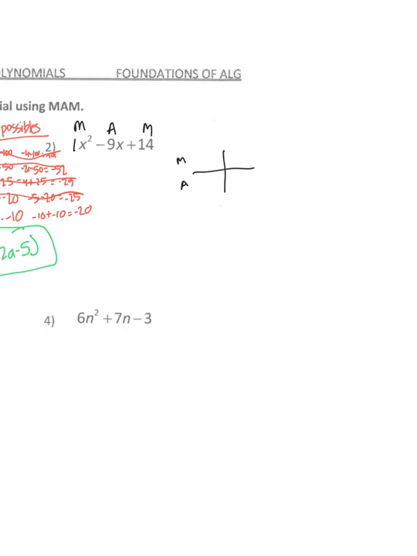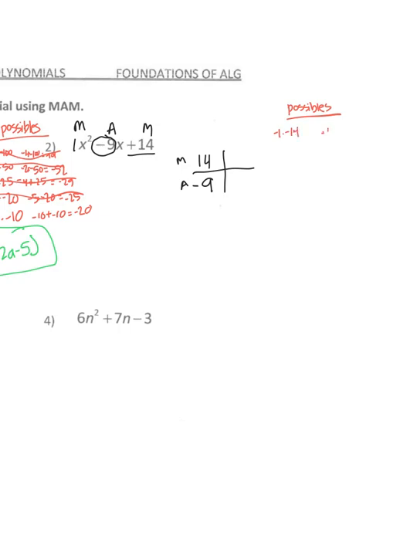Alright, we've got 1 times positive 14 gives me 14. And my add box is going to be a negative 9. If I'm going to add to get a negative but multiply to get a positive, that means both of them are going to be negative. So that means I would have, let's see, negative 1 times negative 14.